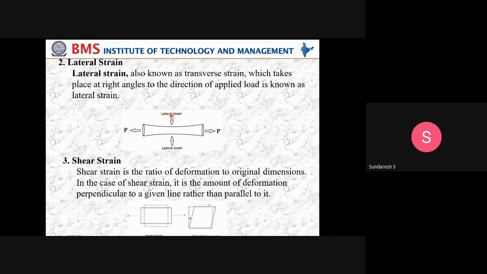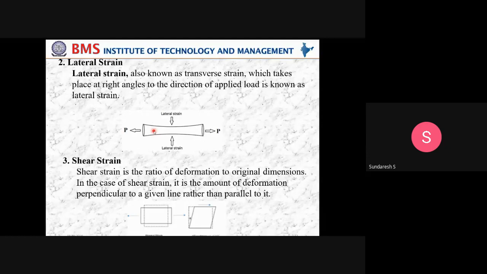The strain which is exactly perpendicular to the applied load, that change in the lateral dimensions, we could express in the form of a lateral strain. This is a very important thing.